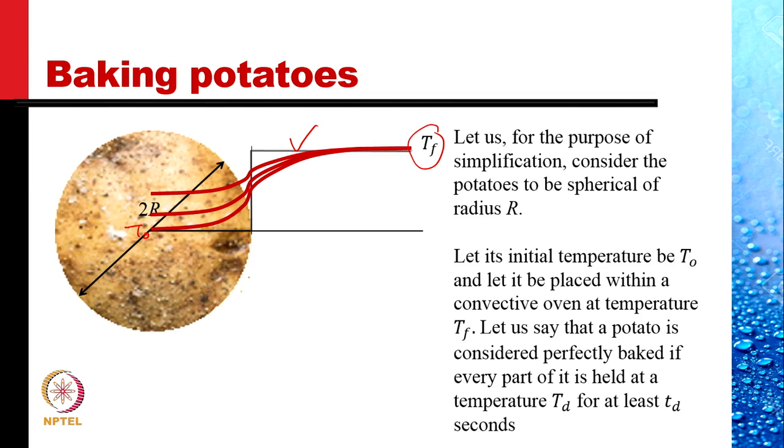Then the time to bake the potato would be the time to bring the center point, which is the coolest, to the temperature Td plus this td. The sum of the two times would be the time required for baking the potatoes.